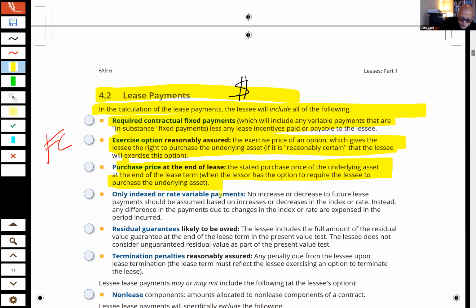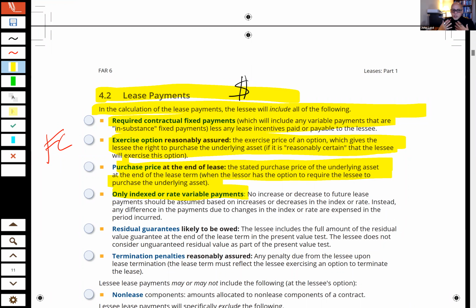Okay, only indexed or rate variable payments. So if there is something that is indexed and they tell you that it's indexed, then you would go ahead and include that payment. This one is a little tricky the way they've shown this, because sometimes they'll say there are payments that are due to some sort of use.